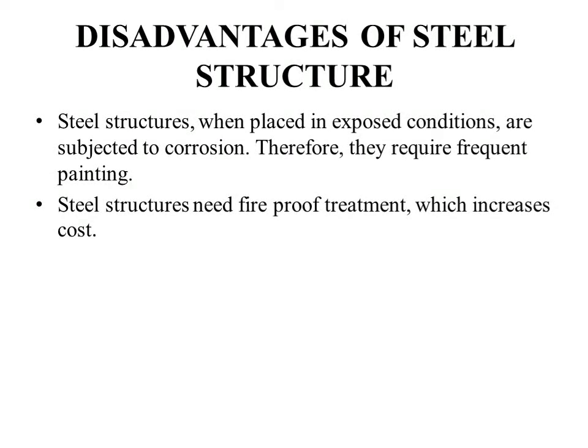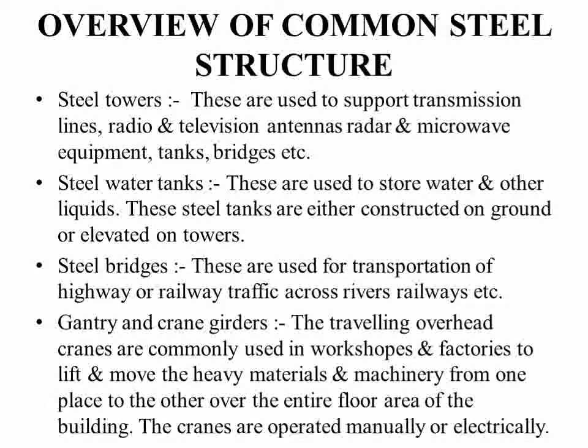Then disadvantages. In disadvantage, steel structures when placed in exposed conditions are subjected to corrosion. Therefore, they require frequent painting. This is the first disadvantage. Second one, steel structures need fireproof treatment which increases cost. These are the disadvantages. Now we can see the overview of common steel structures.